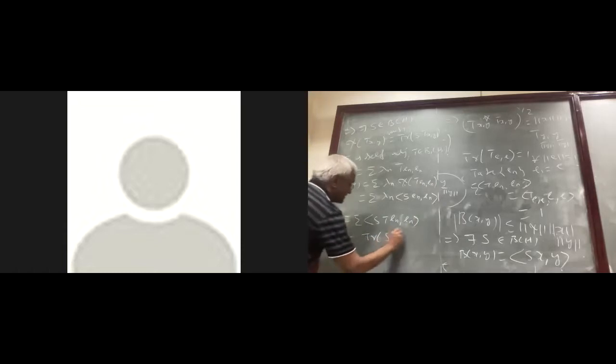Now that is equal to summation lambda n. You can take it inside, whichever way. Which is just S T e_n, e_n summation, which is just equal to the trace. And this is what we wanted. This is for a self-adjoint operator.